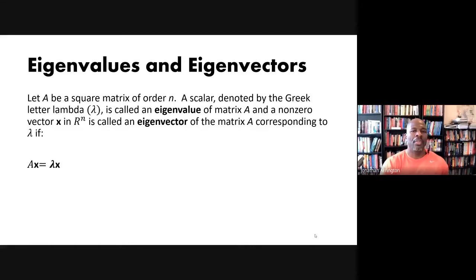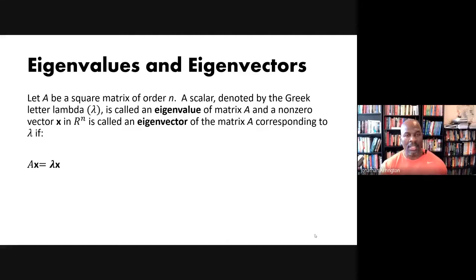And in a lot of cases there are infinitely many eigenvectors for each eigenvalue. So a matrix is going to have more than one eigenvalue in most cases, and each of those eigenvalues is going to have more than one, and typically an infinite number of, eigenvectors.